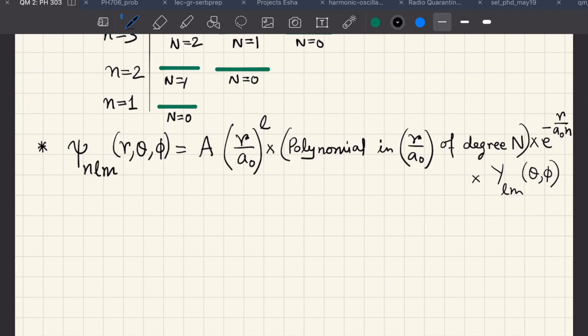So this was the generic structure of the hydrogen atom wave function eigenstates. And remember, this capital N was nothing but small n minus L minus 1. And this capital A was the normalization constant.